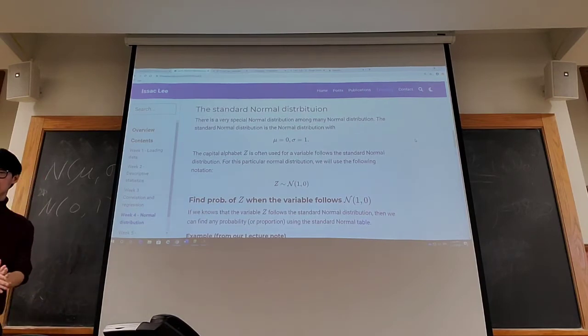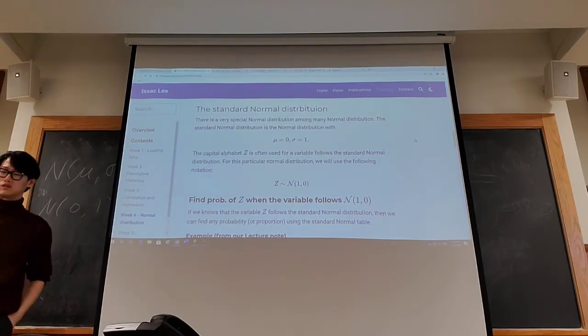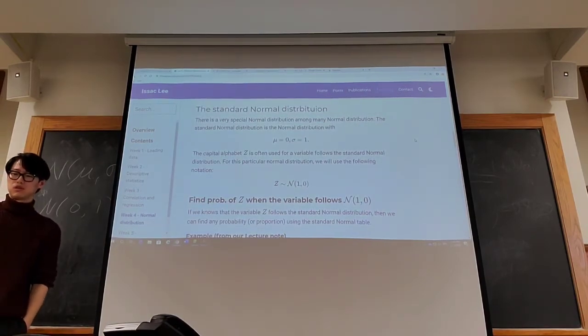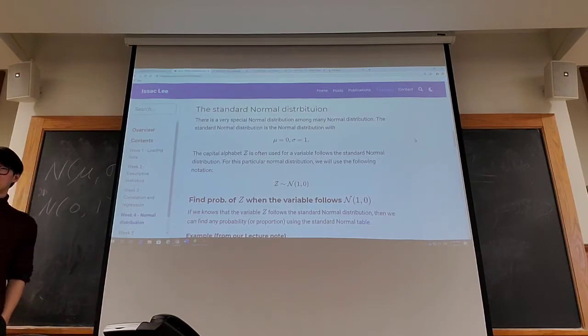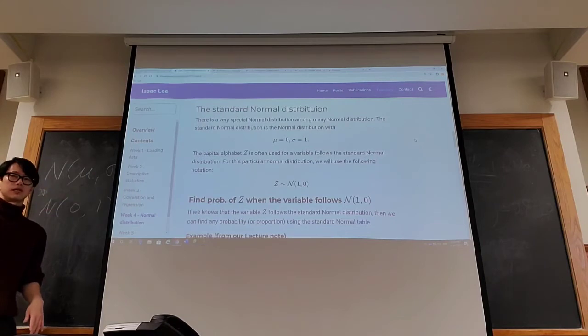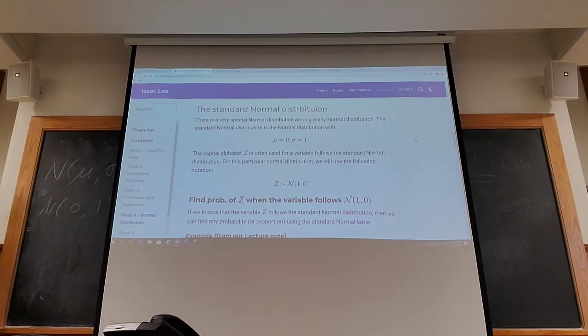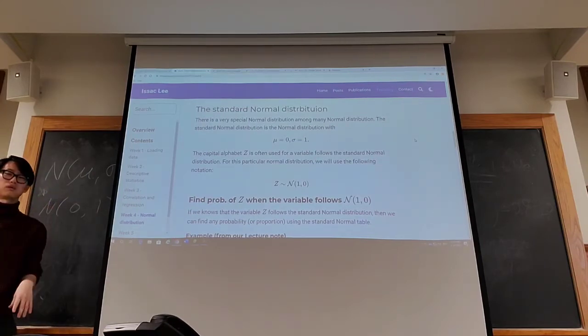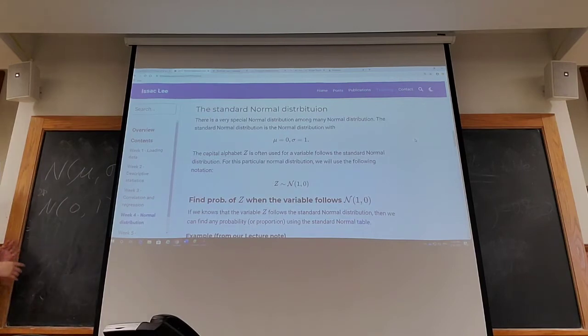And now I want to explain why this normal 1, 0 is special. Why do we call this a standard? Because based on the 68, 95, 99.7 rule, we can calculate the proportion corresponding to some specific range, like -1 to 1. Maybe we already calculated -1 to 2, right? Based on that rule.